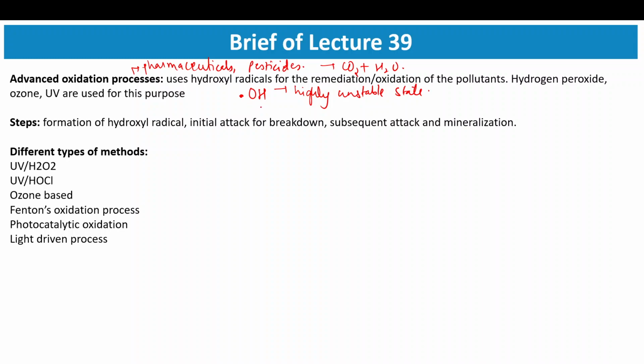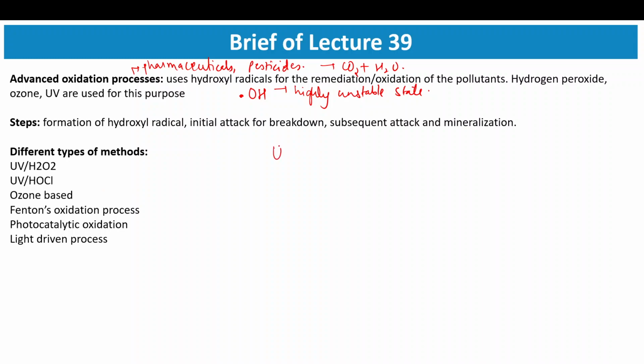In that case, such hydroxyl radicals will be very much reactive in nature, which will tend to go onto any organic pollutant, and obviously some chain reaction will occur, and at the end you can have CO2 and hydrogen, sorry, water. So there can be different methods.